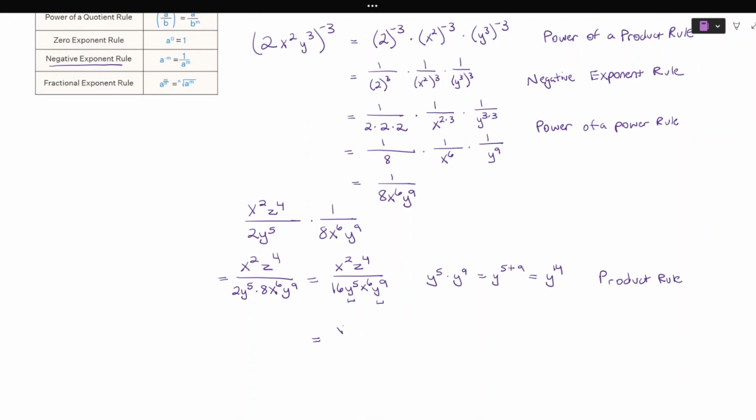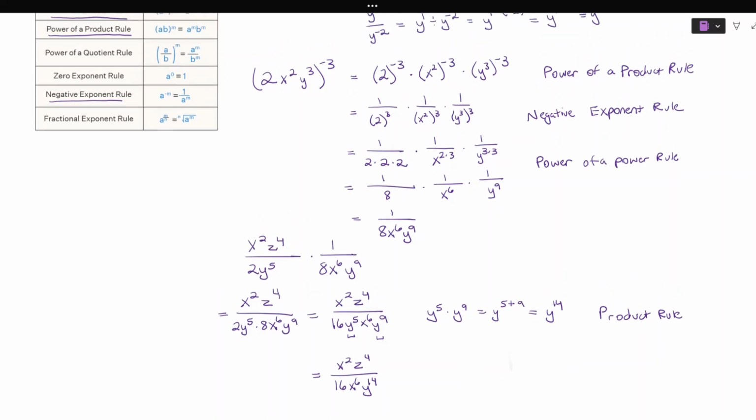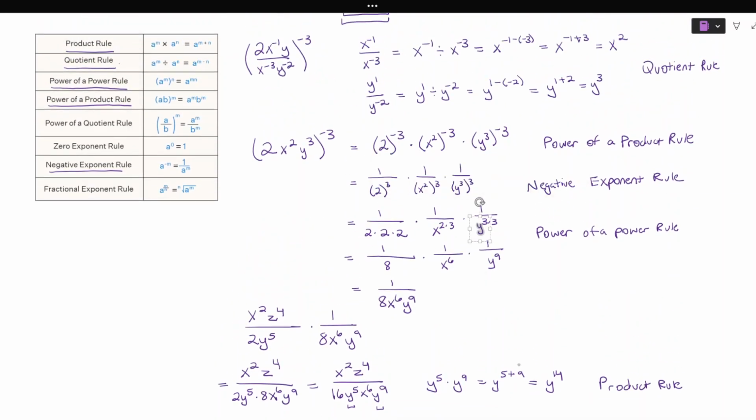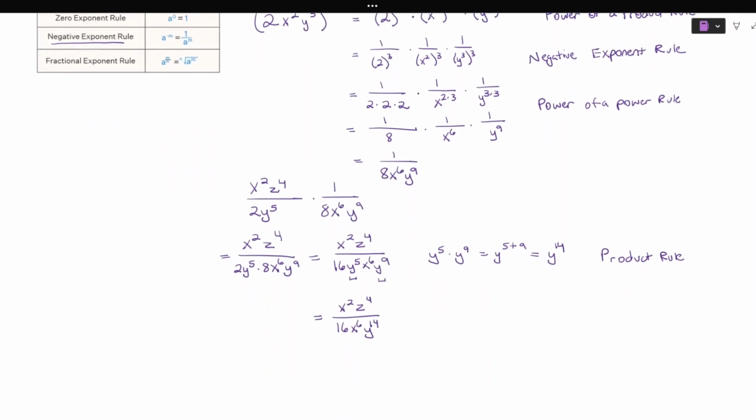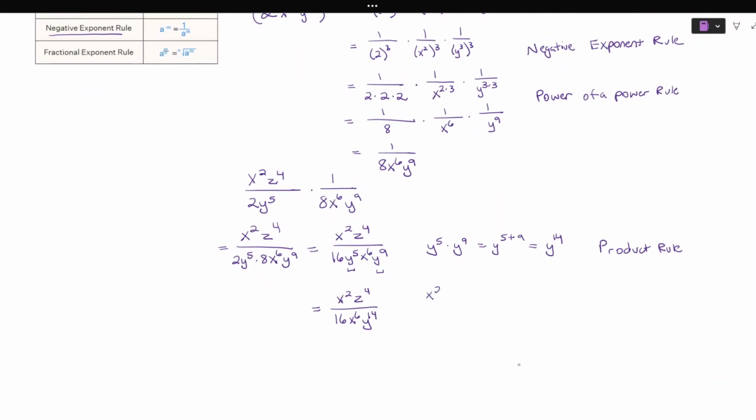So I can rewrite this as x squared z to the 4th over 16 x to the 6th, y to the 14th.